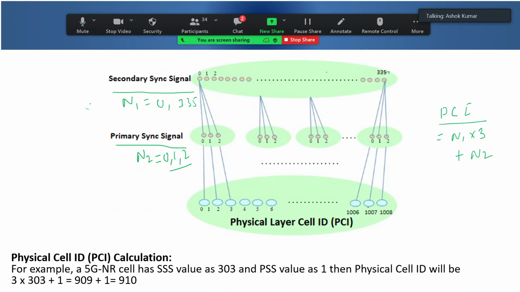If N1 is say 303 and N2 is say 1, then you calculate 3 into 303 plus 1, so you get 910. So your PCI value is 910. Depending upon what N1 or N2 you are getting, you will be able to calculate the physical layer cell ID or PCI.